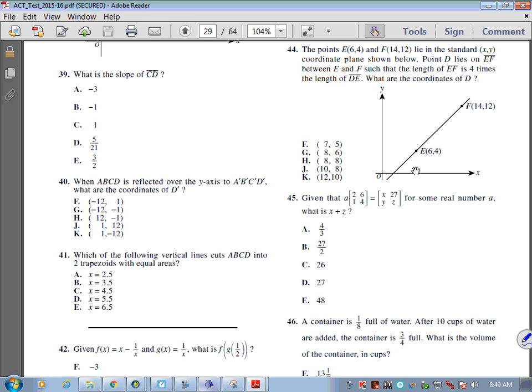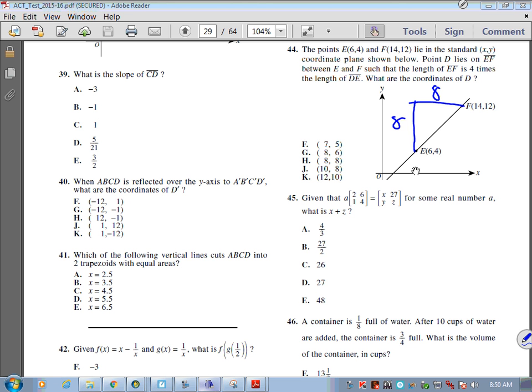So what I did is I found the length from E to F first. My favorite way of doing these is just doing the Pythagorean theorem to find distance, because I'm quicker at that than the distance formula, because I hate trying to find coordinates and then doing the whole square root and all that kind of thing. So from 6 to 14 is 8, and from 4 to 12 is 8.